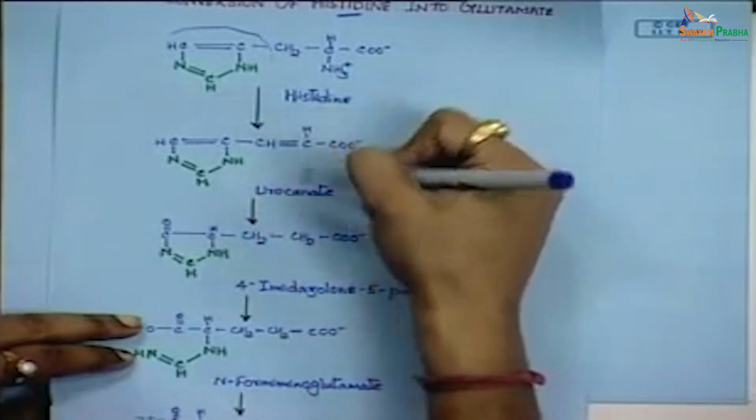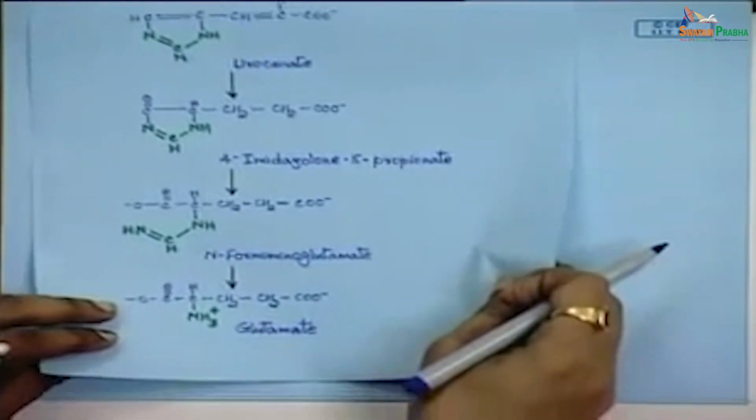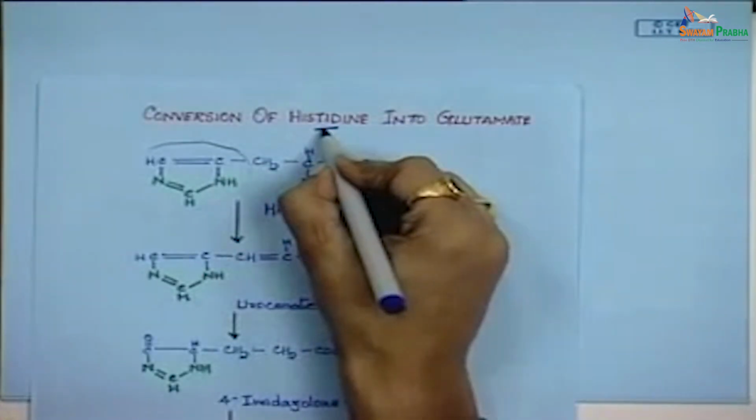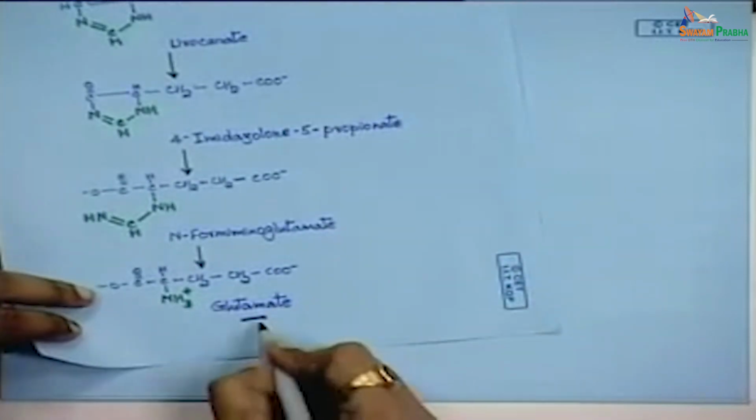When it undergoes some reactions, ultimately glutamate is produced from the histidine molecule. This way the glutamate concentration in the cell is maintained by many pathways, and glutamate is one of the important intermediates for the operation of the urea cycle, and this way the urea cycle is operated inside any living system.